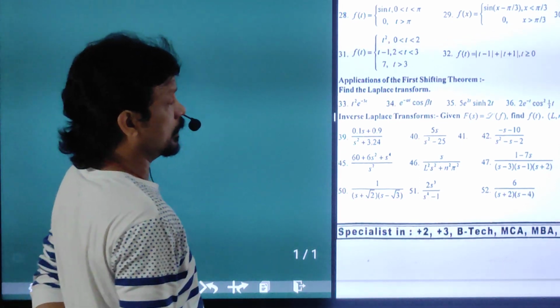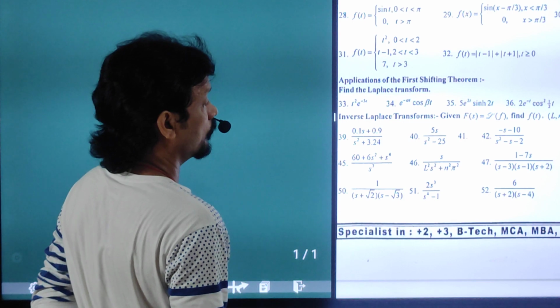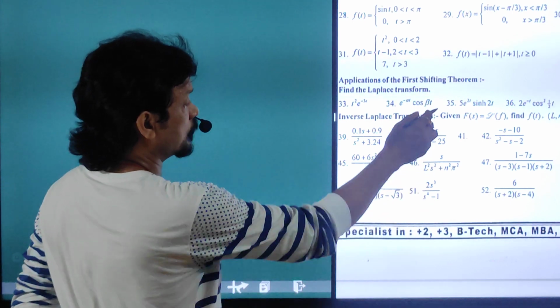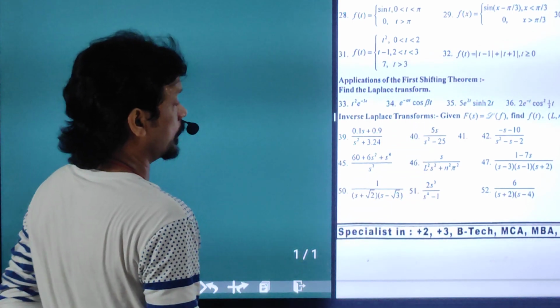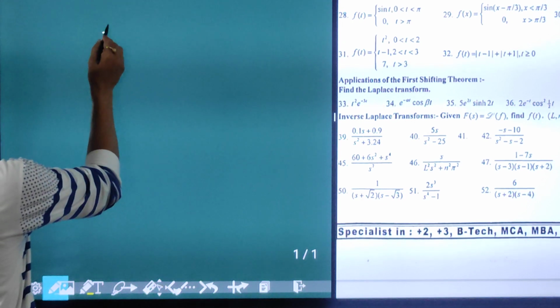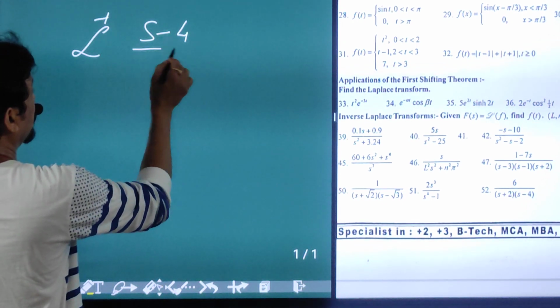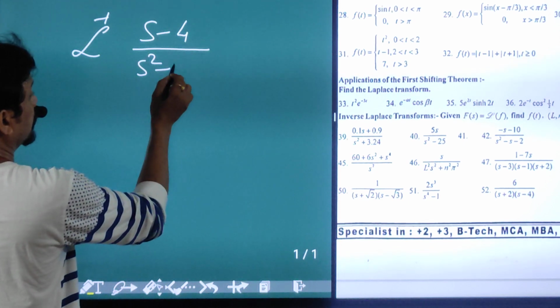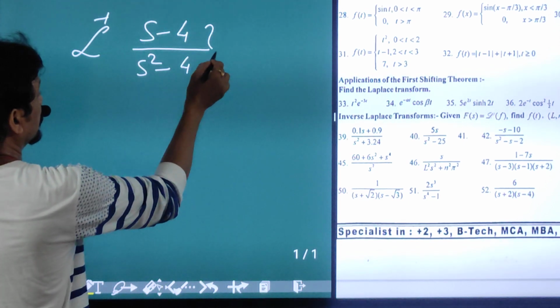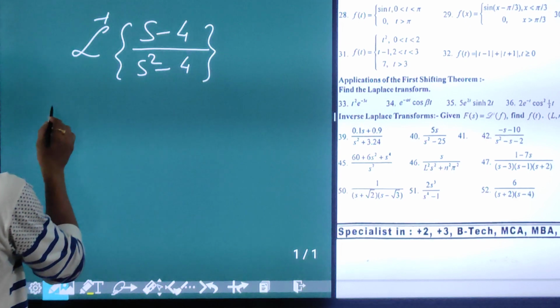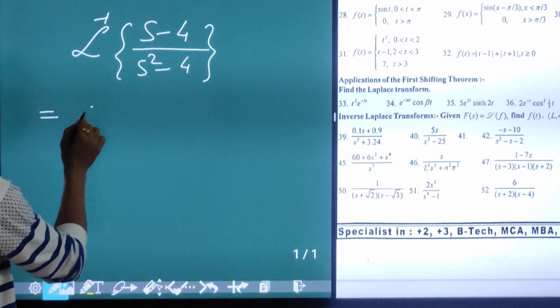Now let us do another question. Laplace inverse of (s minus 4) by (s square minus 4). So you have to separate it first.